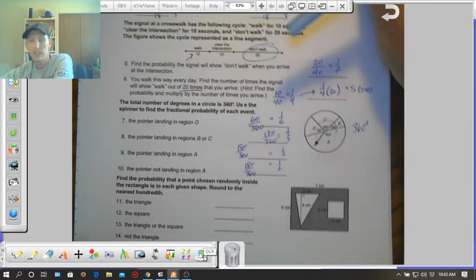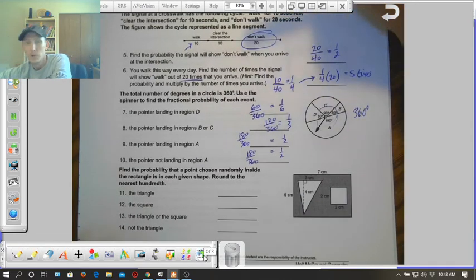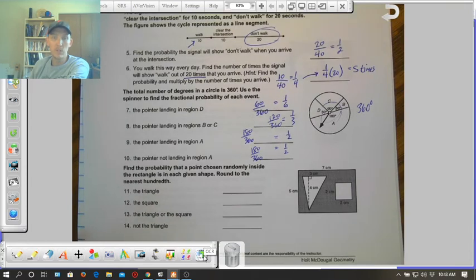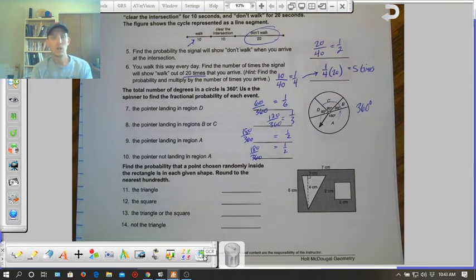And let's take a look at the last section here: probability using area. Find the probability that a point chosen at random inside the rectangle is in each given shape, and then round to the nearest hundredth. It's like I would toss something on a table, and I want to know the probability that it lands in a certain area.